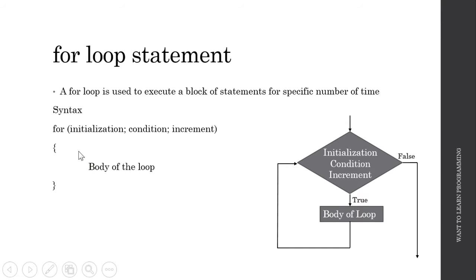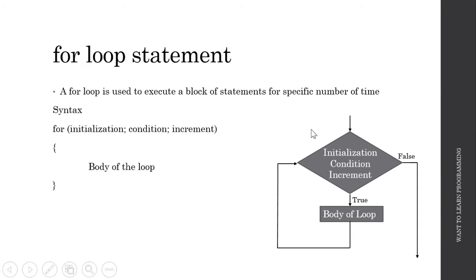After the execution of the body of the loop, it goes to the increment, increments the variable, and then goes to the condition to check if now the condition is true or false. If the condition is true, then it again executes the body of the loop, and after executing the body of the loop, it goes to the increment section, increments, and then checks the condition. If the condition fails, then it continues with the rest of the statements.